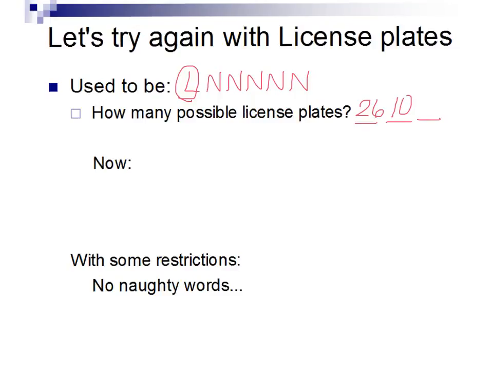And the third one has to be a number, and in license plates you can repeat, so you could use the same letter more than once. And so basically then I'm going to run out of room here, but you're going to have, that's a 10. So 26, 1, 2, 3, 4, 5. All right, so we've got 2,600,000 license plates.